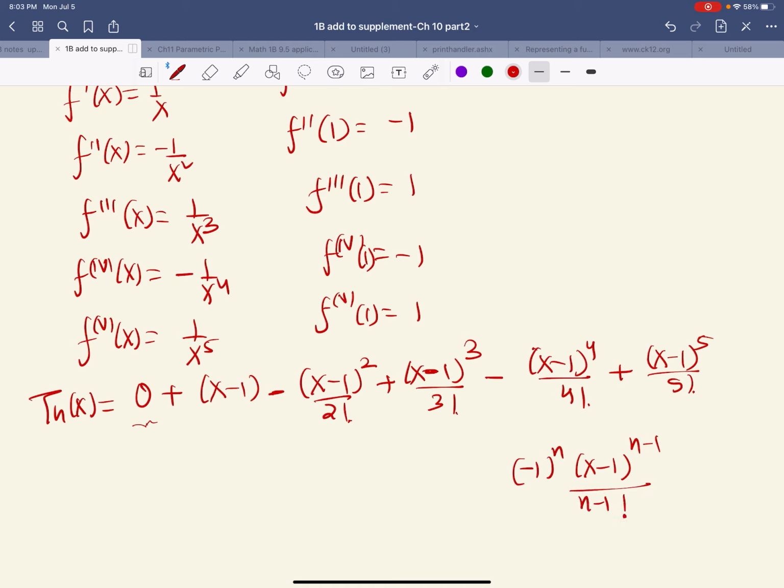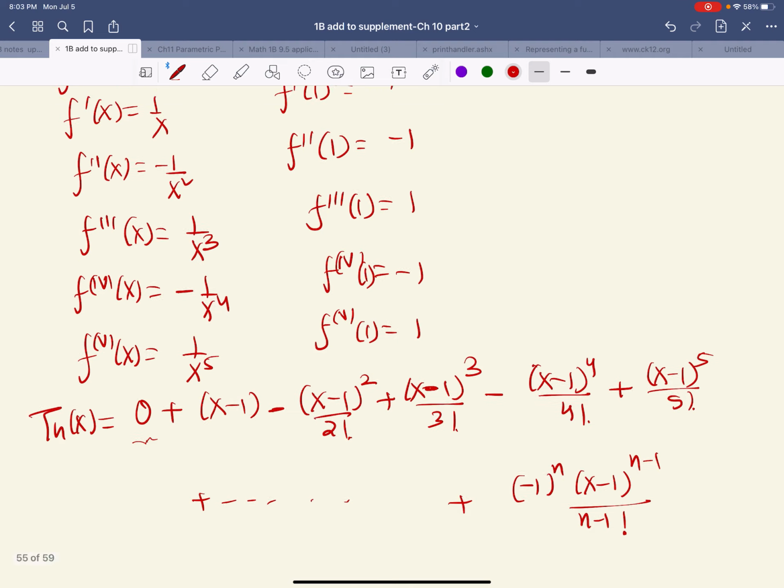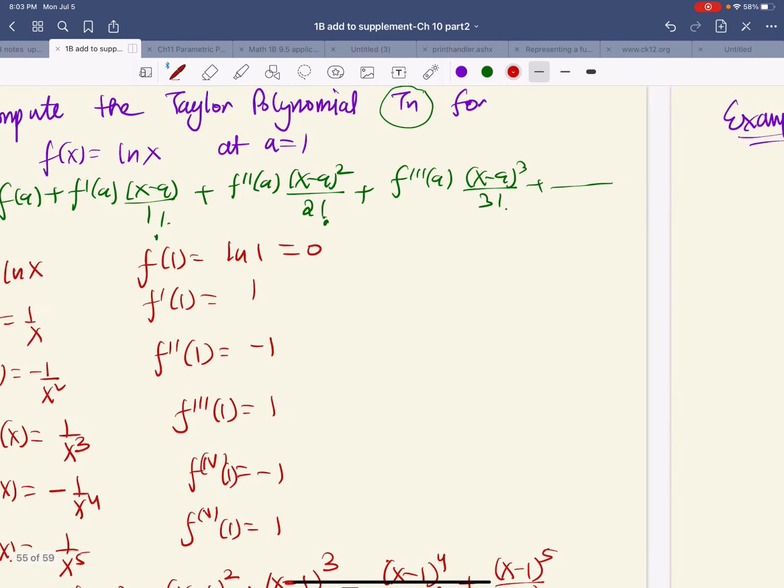Looks like this is going to be my nth term in this case. So I'm going to be able to write infinite terms, as many as I want, all the way up to the nth term here. And that's my subsequent coefficient: 0, 1, negative 1/2, and then I have 1/3 factorial there. So that's going to be the nth Taylor polynomial for this problem.